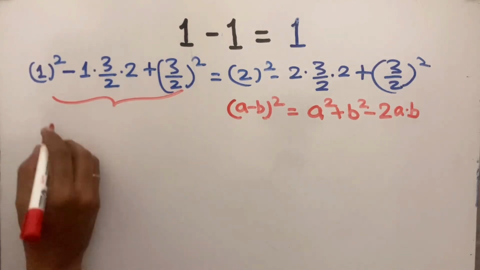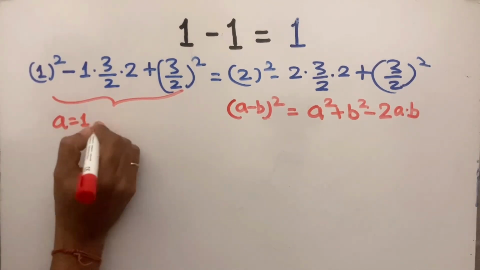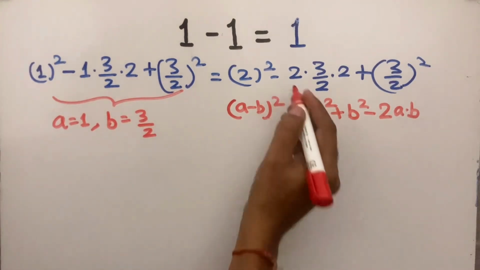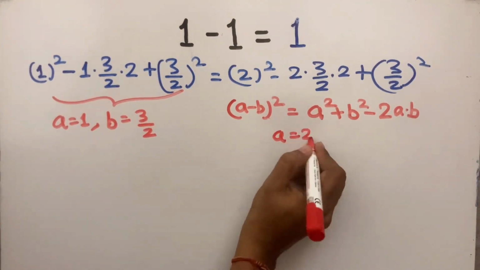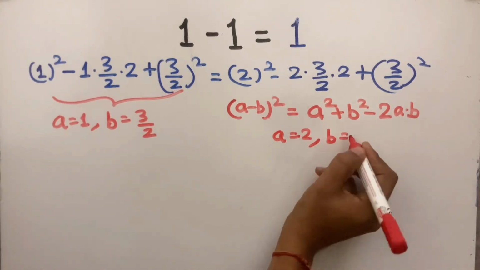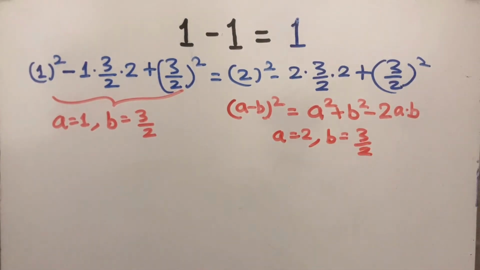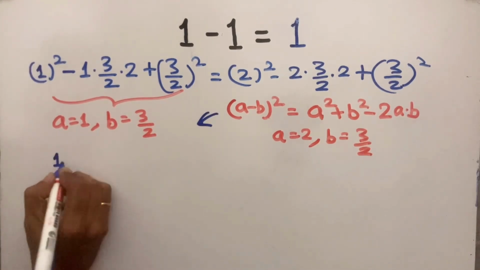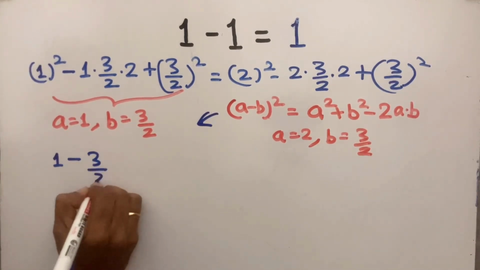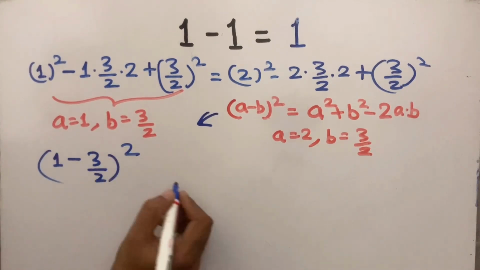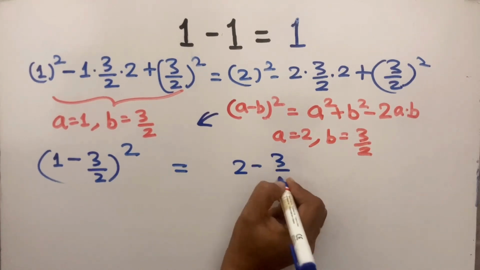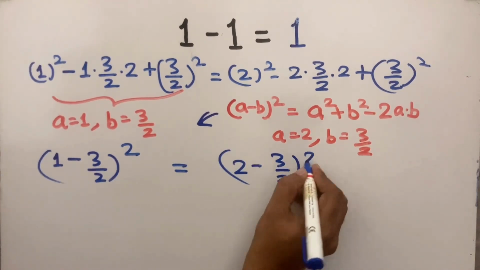Here in this case a equals 1 and b equals 3 by 2, and here a equals 2 and b equals 3 divided by 2. So this further simplifies to 1 minus 3 divided by 2 whole square, which is equal to 2 minus 3 divided by 2 whole square.